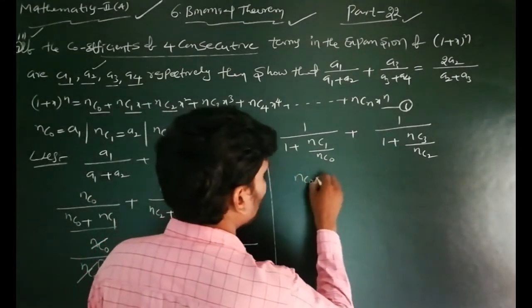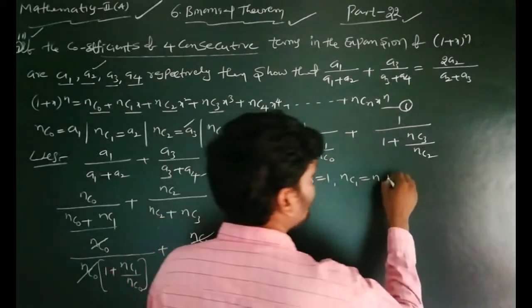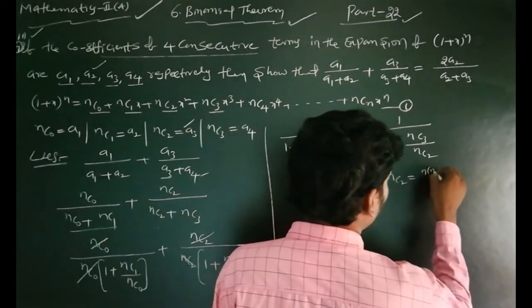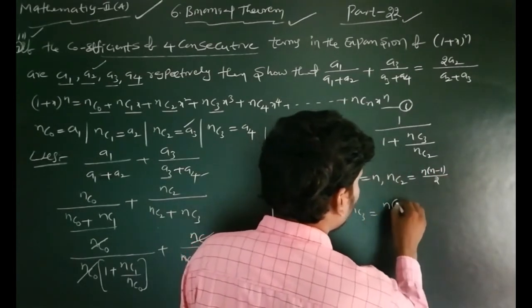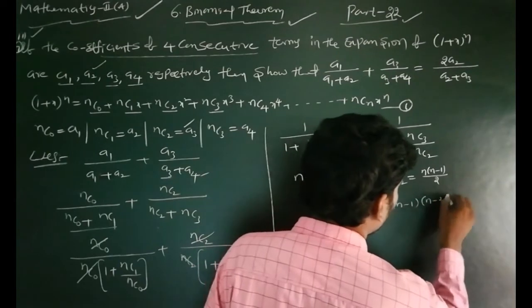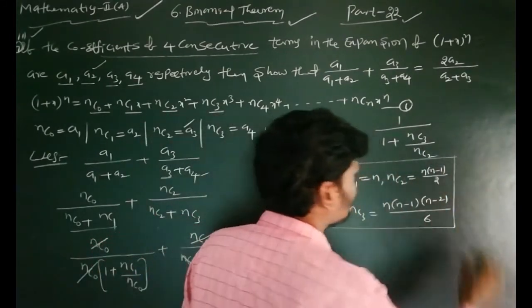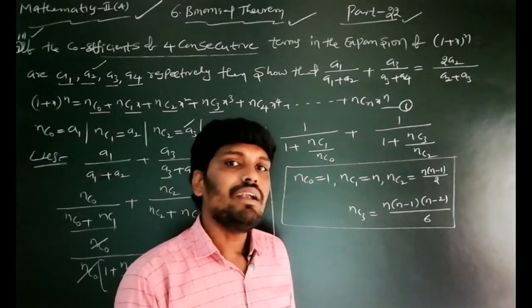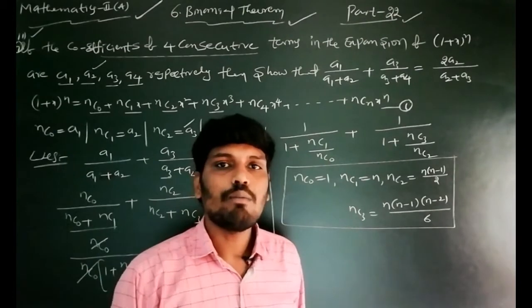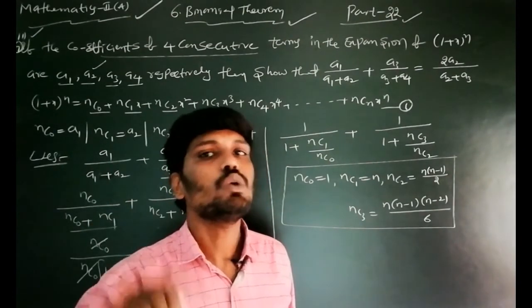nC0 value is equal to 1, nC1 value is equal to n, nC2 value is equal to n(n minus 1)/2, and nC3 value is equal to n(n minus 1)(n minus 2)/6. These formulas were already explained in last classes. They depend on the nCr formula. What is the formula of nCr? n factorial by (n minus r) factorial into r factorial.